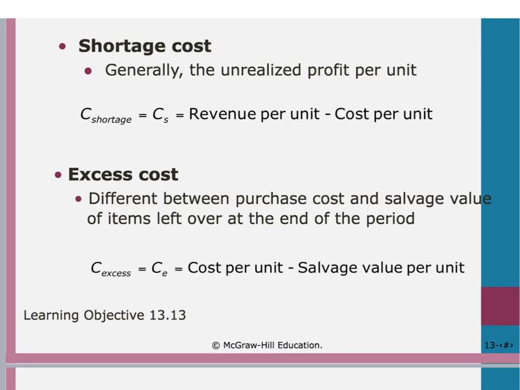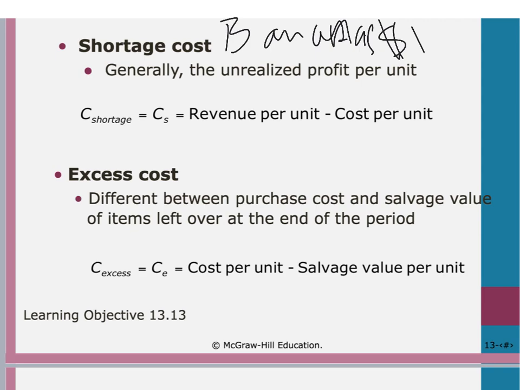My shortage costs. So let's say I sell bananas. And I sell them for $1 each. I can't even spell, but bananas has an extra N-A-S. I sell the bananas for $1.